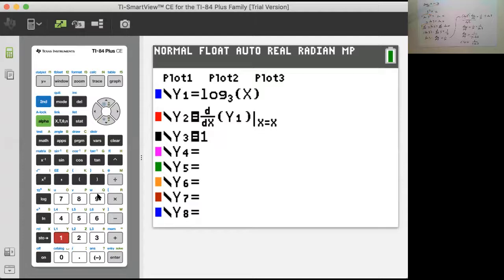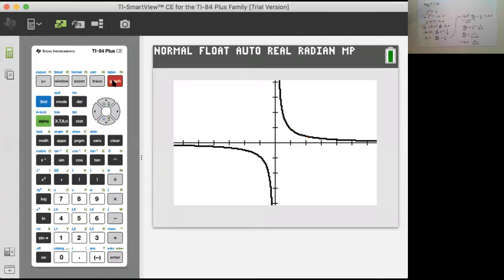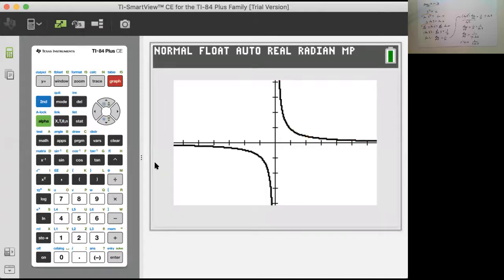So we take 1 divided by parentheses x times the natural log of 3. Watch your order of operations. And this will be in black. So the black graph should graph on top of the red graph. If it does, I've done it correctly. And it almost does. Notice this black part over here has a different domain. But the black graph did go on top of the red graph here.